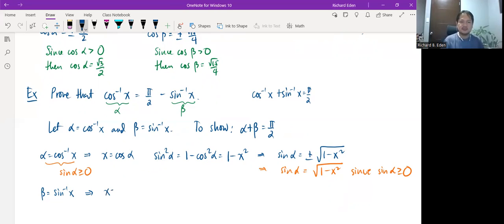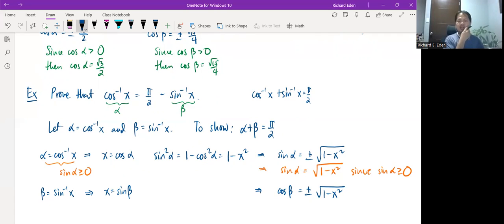Justifiable. Here x is sine beta. Eventually, cosine beta will be plus or minus the square root of 1 minus x squared pa rin.